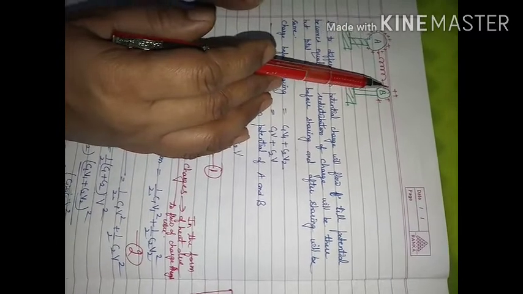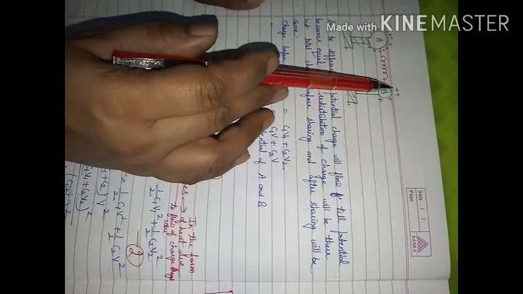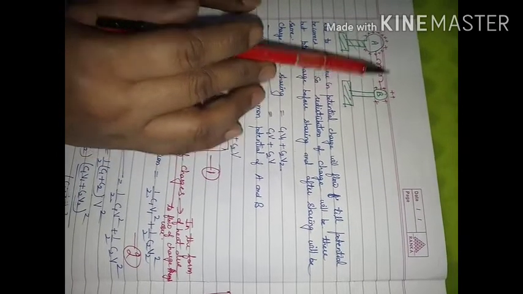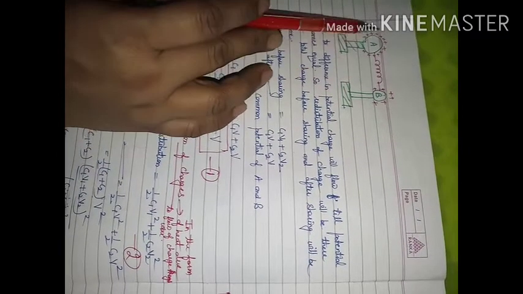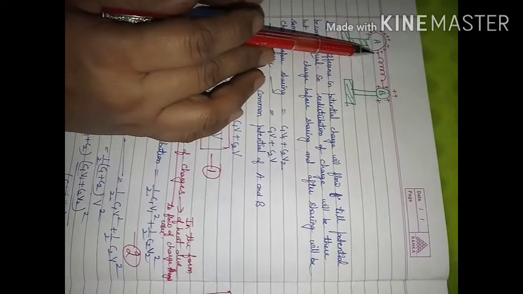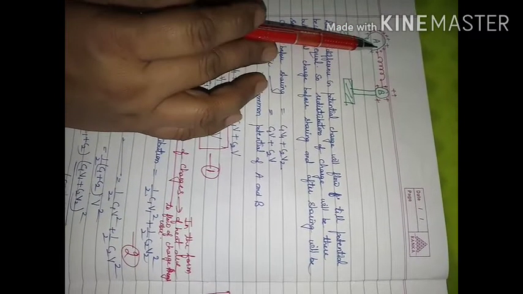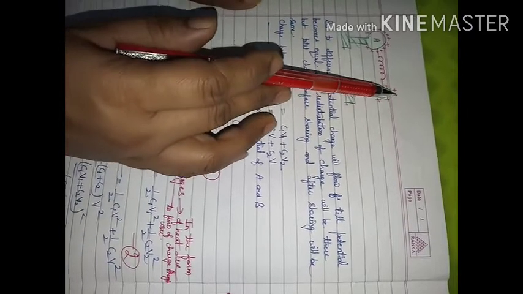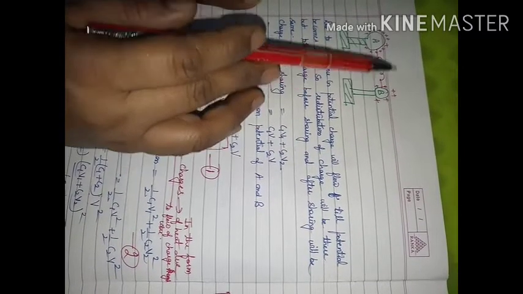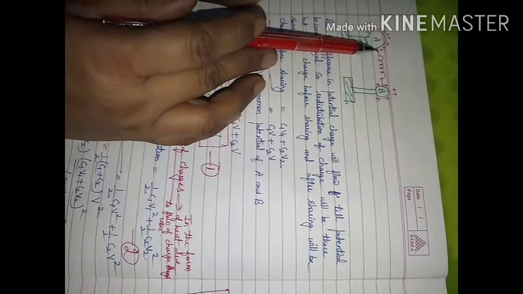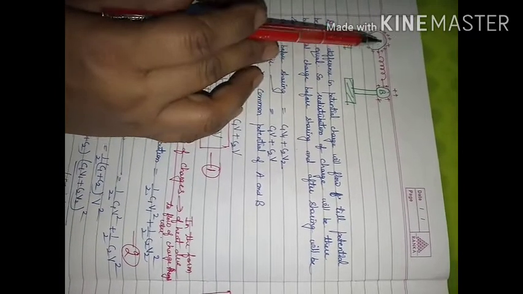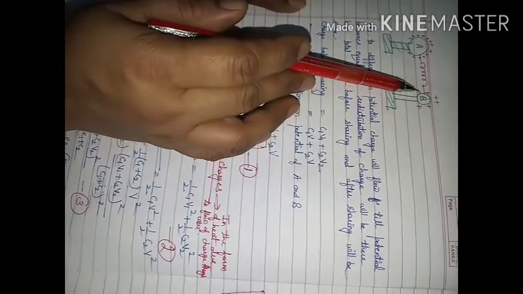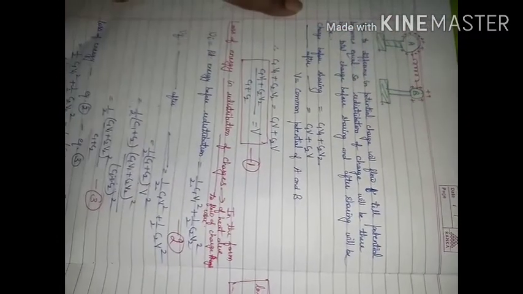When 4 electrons move to this side, there will be a deficiency of 4 electrons, so here positive charge will increase. And when these electrons come here, this positive charge will be neutralized by those electrons. So as much charge will be gained by B, the same amount of charge will be lost by this. It means total charge before sharing and after sharing will remain the same.